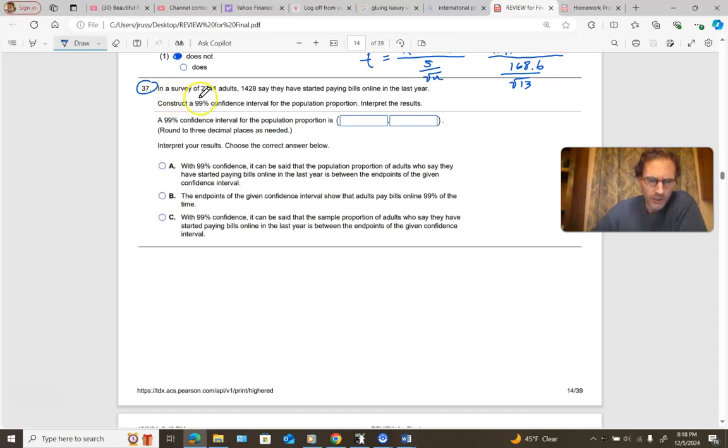So we want to construct a 99% confidence interval for the population proportion, okay? All right, now to actually figure out our sample proportion, p hat, if you recall, it's actually the proportion of respondents that said yes, essentially, over the total, okay? And this is always a decimal, so let's see what this is.